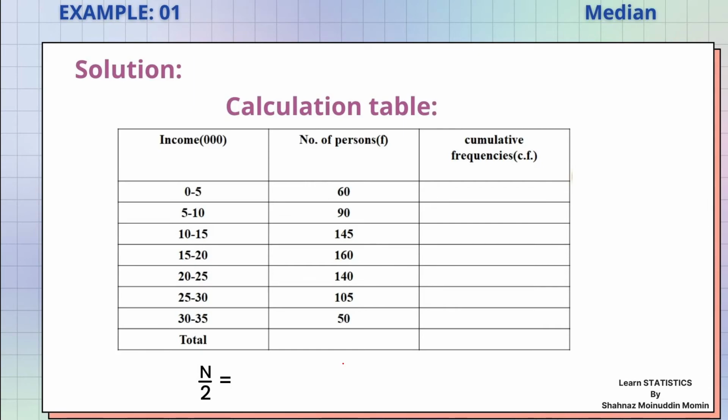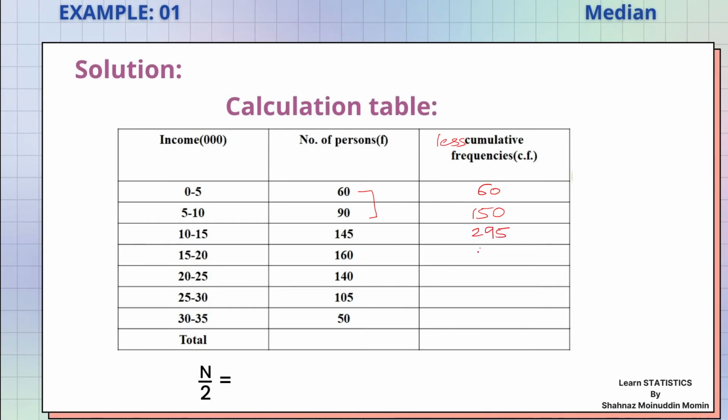Now, we shall start with the calculation table. Write down the income and number of person in vertical columns. Our first step is to calculate the less than cumulative frequency, as we have calculated in the discrete data. Write down the first value as it is 60. Next, 60 plus 90, 150. 150 plus 145, 295.